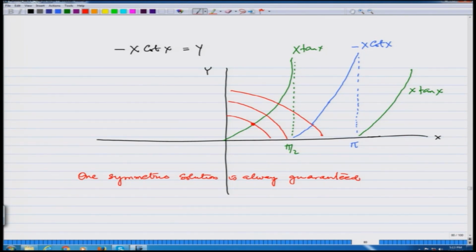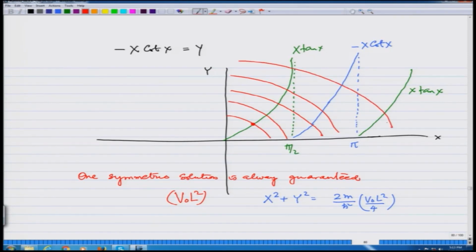However, the strength of the potential, which we earlier defined as V naught L square, needs to go up if I want more bound states. So, remember the equation for x square plus y square is 2 m over h cross square V naught L square by 4. If V naught L square by 4 becomes larger and larger, that means the radius of these red circles becomes larger and larger, more states come.